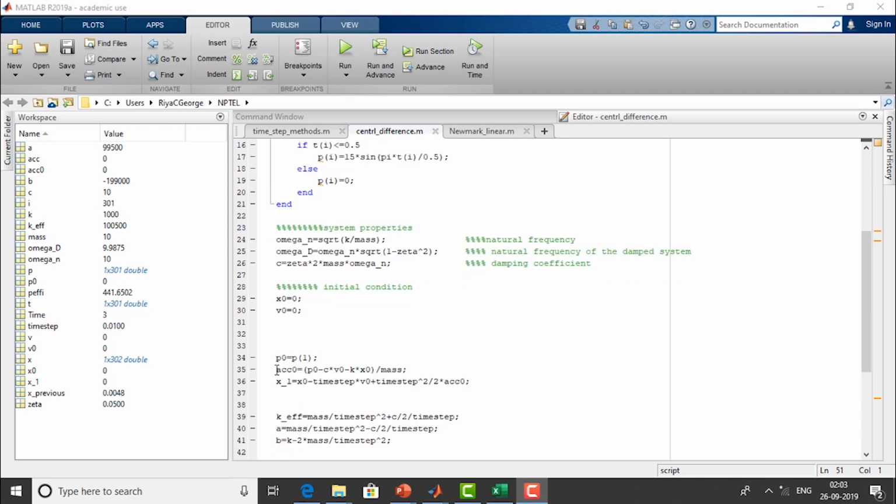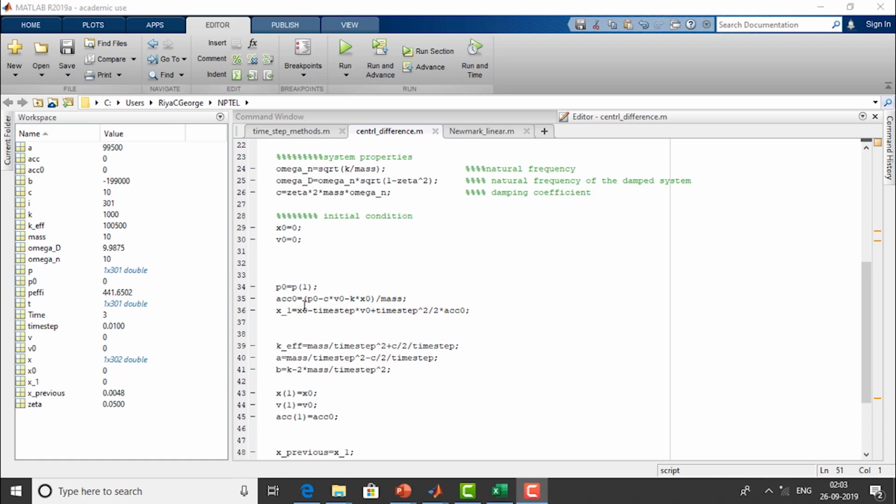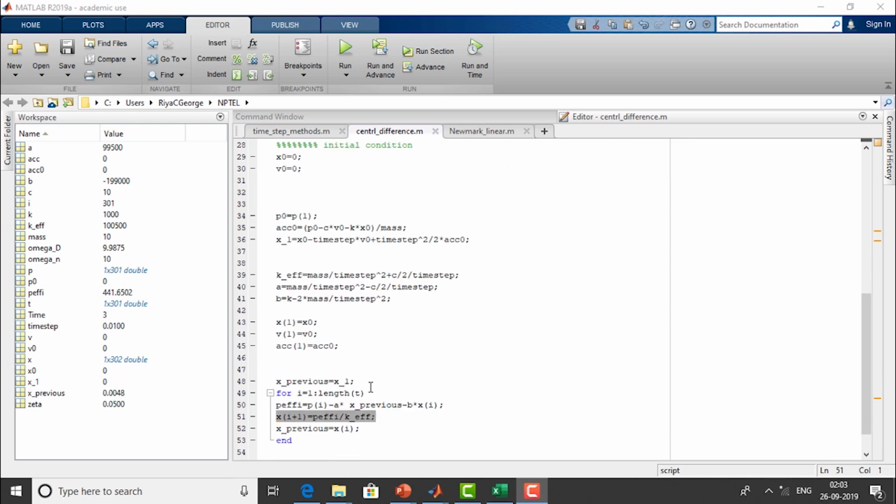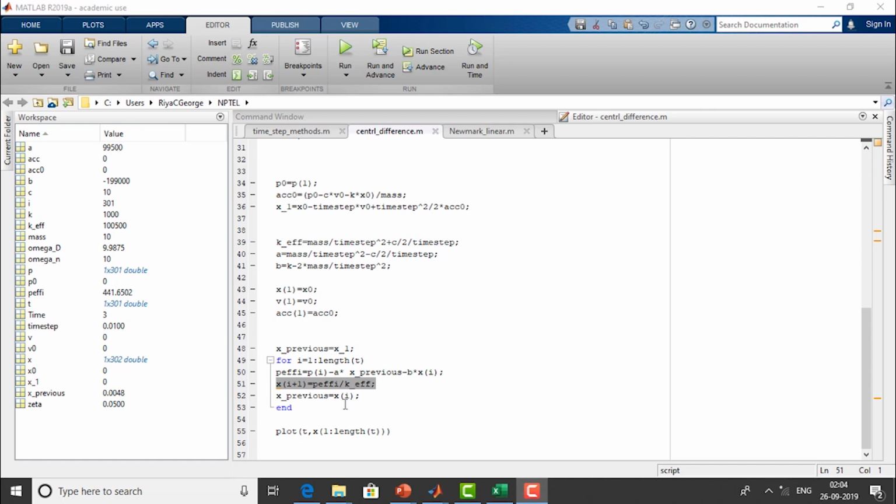We can calculate the initial acceleration and also the displacement prior to the application of the force, that is x minus 1. After calculating this, we can find the effective stiffness, K effective, and also calculate the effective force and the displacement at the i plus 1 instant.